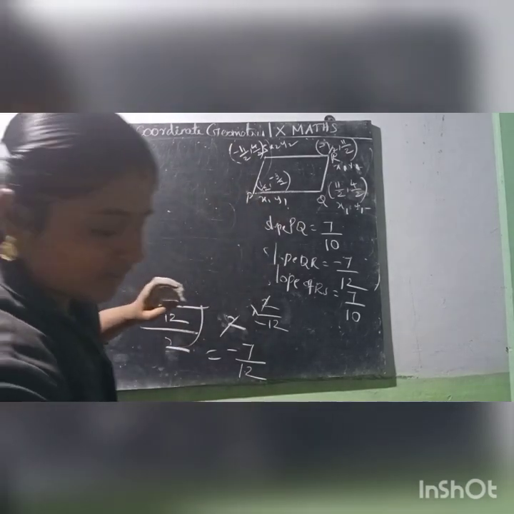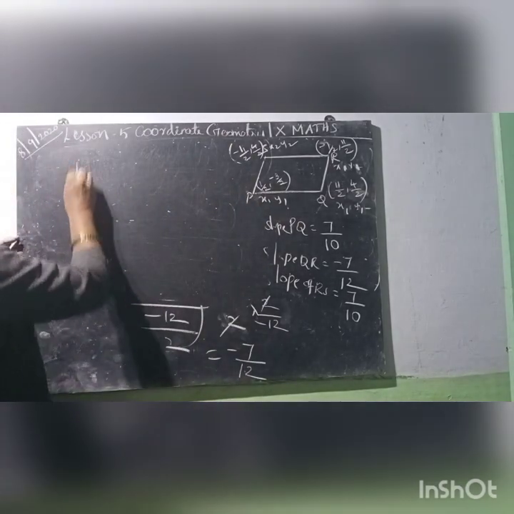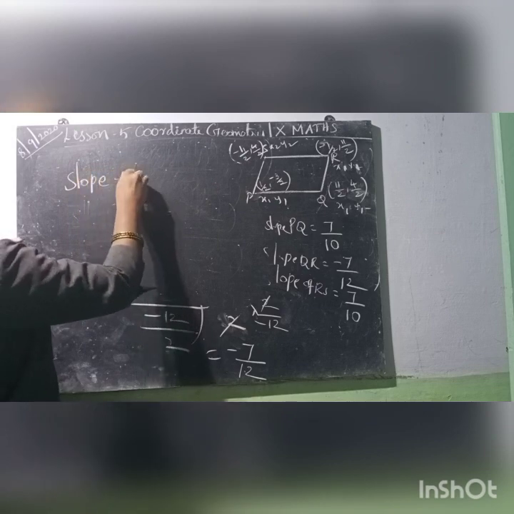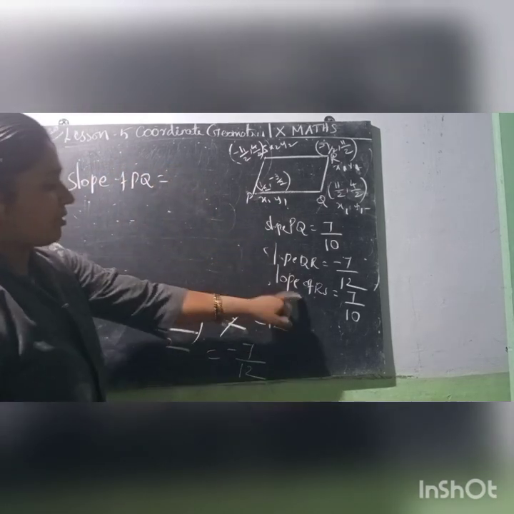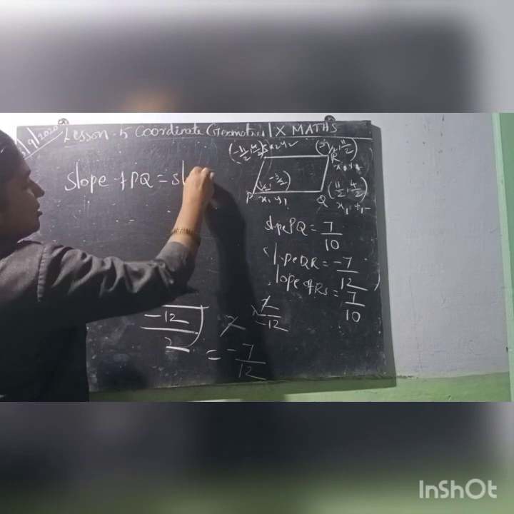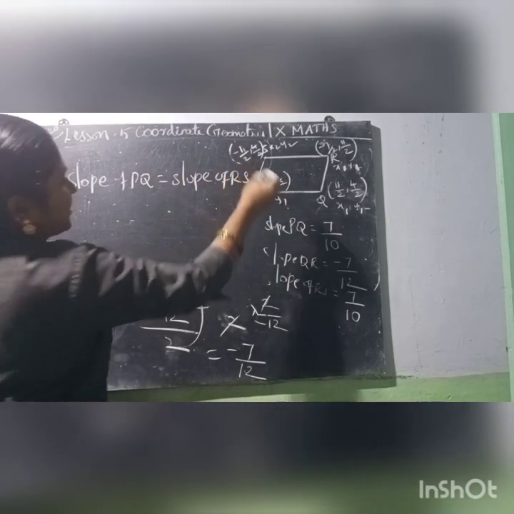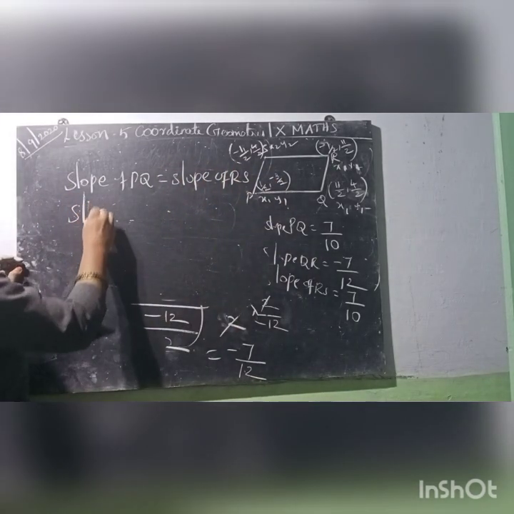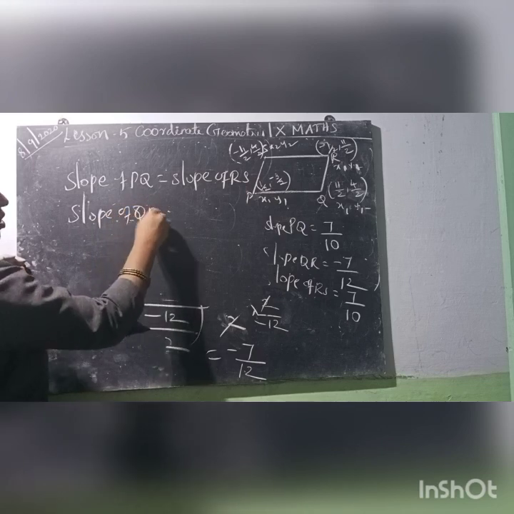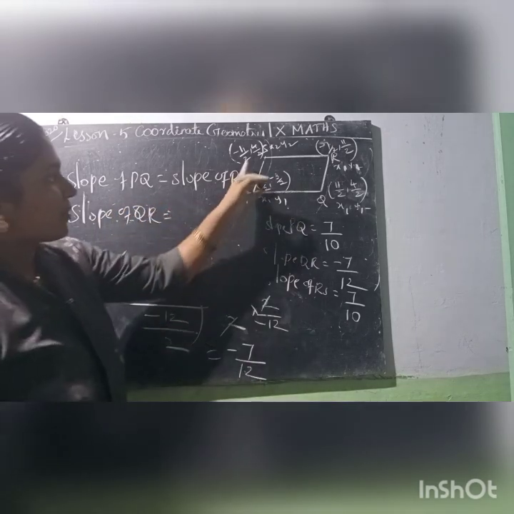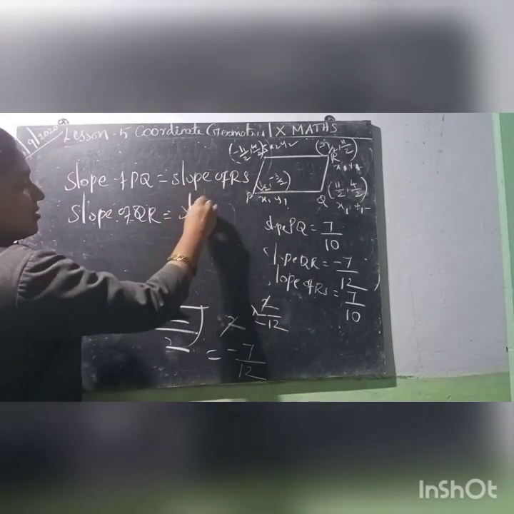So we can write slope of PQ equal to slope of RS. In the same way, slope of QR equal to slope of PS.